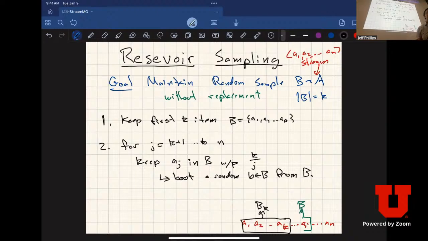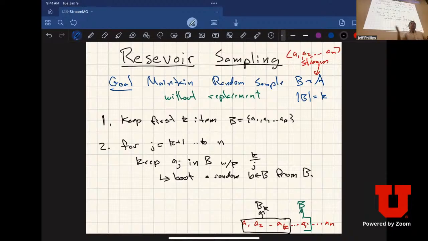So I'm going to replace, if I keep it, I'm going to replace one of the things from the reservoir at random. If I decide to keep it, then I'm going to go look at the reservoir, eeny, meeny, miny, mo, pick one of them at random and throw it out. Okay, which one should I have thrown out?